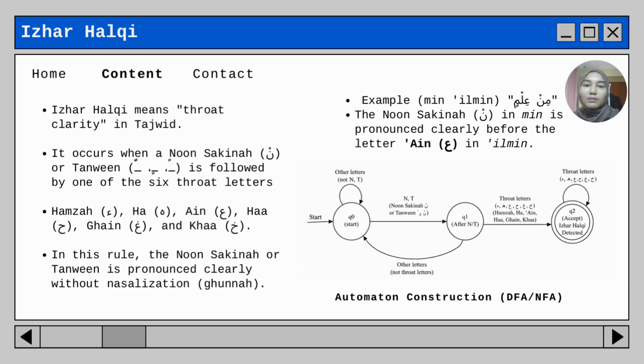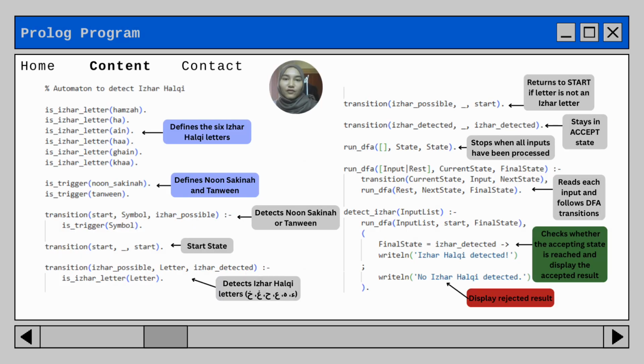And then the program will move to another state, that is Q2, if the nun sakinah or tanwin meets the letters such as hamzah, ha, ain, ha, ghin, and kha. And then the final state is Q0, where the program accepts the letter. At Q1, if it does not meet the throat letter, it will go back to Q0. So that is all for the automaton construction. Move on to the next slide.